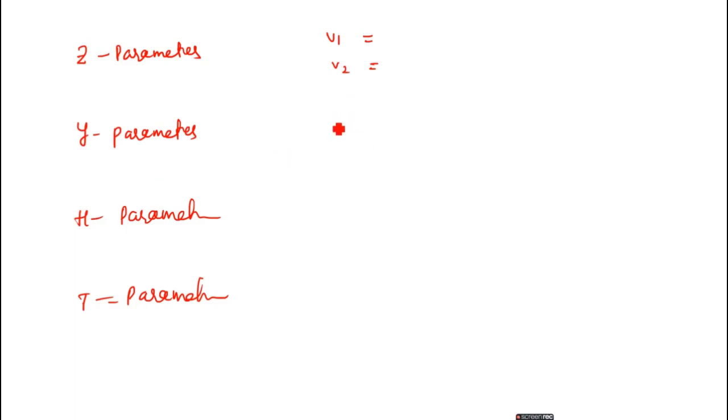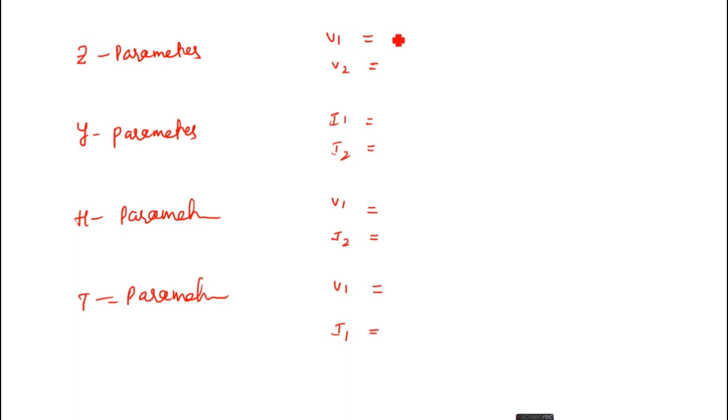In Y parameters, I1 and I2 are expressed in terms of V1 and V2. H parameters, V1 and I2 are expressed in terms of V2 and I1. T parameters, V1 and I1 are expressed in terms of V2 and I2.